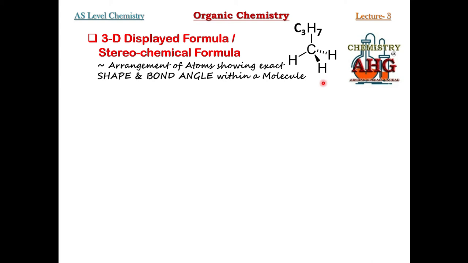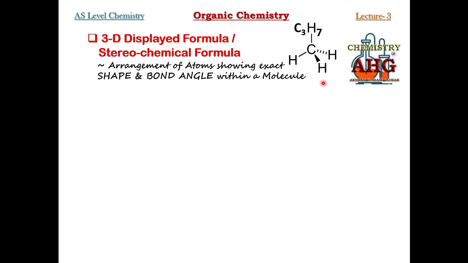So this is the description of different styles of single covalent bond in 3D displayed formula. You must remember the normal line indicates the bond is present on the paper, on the whiteboard. The broken line, into the paper, and the wedge, out of the paper.